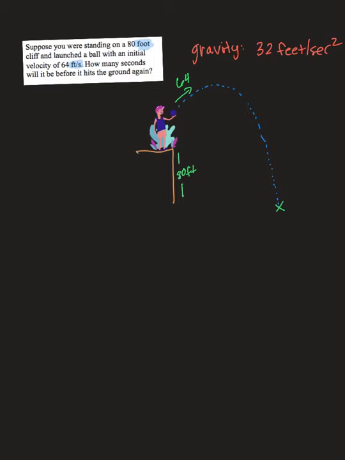So we want to know how long it will take before it hits the ground. Well, here's our ground. What do you guys think our height would be when it hits the ground? Okay, yeah, the height would be 0. So we know that when the ball hits the ground, the height is 0.